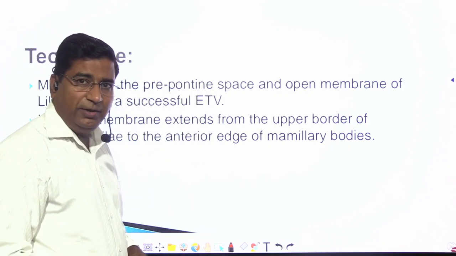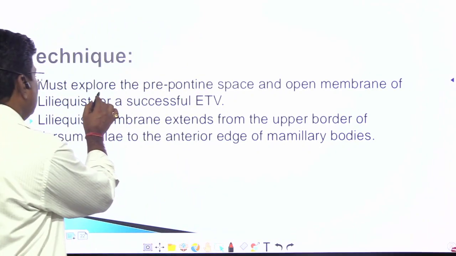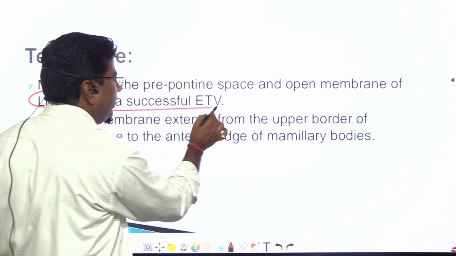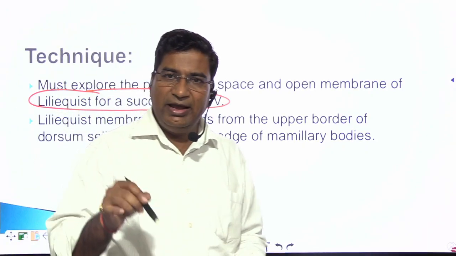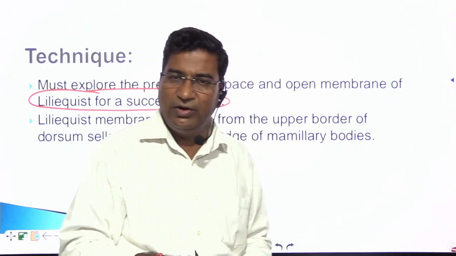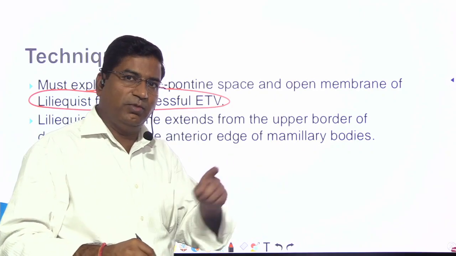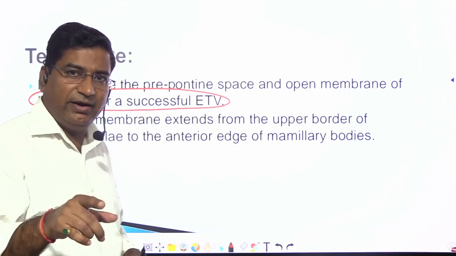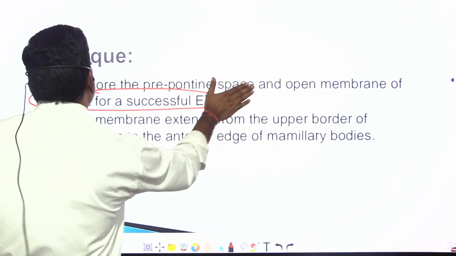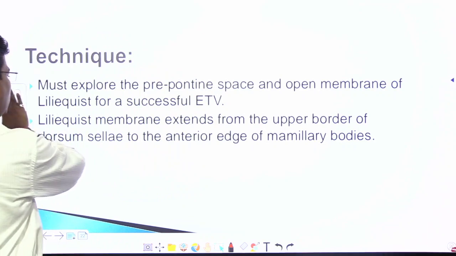Must explore the prepontine space and open membrane of Liliequist. Liliequist membrane opening is essential for successful ETV. As you fenestrate the floor of third ventricle, there is another membrane which is from the dorsum sella to mammillary body known as Liliequist membrane, and this is obstructing again and prevents the bypass of the CSF.